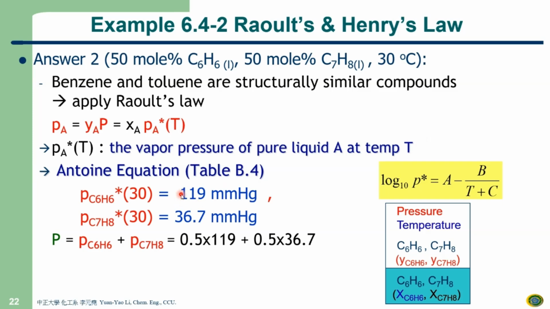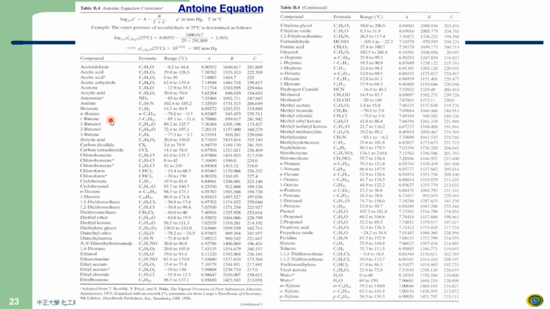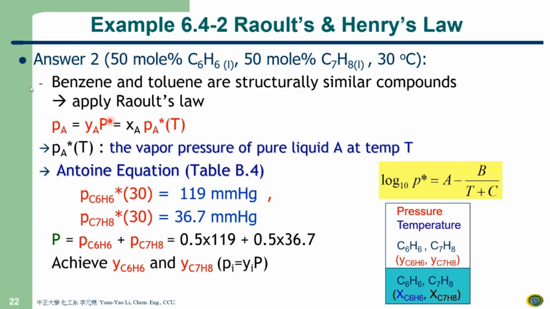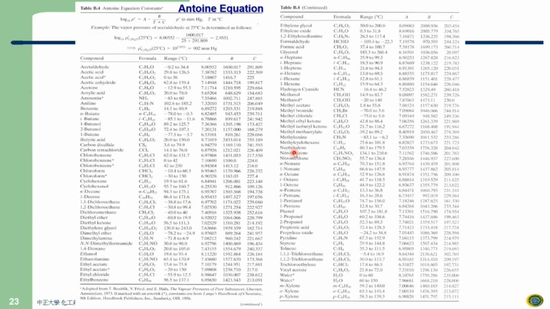Total pressure is what? These two parts together will be the total pressure. I want you to practice this by yourself. You need to find this, and then use Antoine's equation to get the vapor pressure.